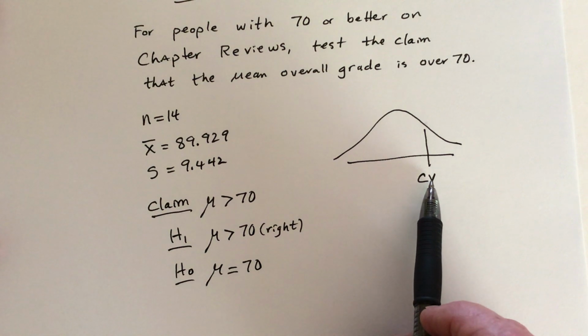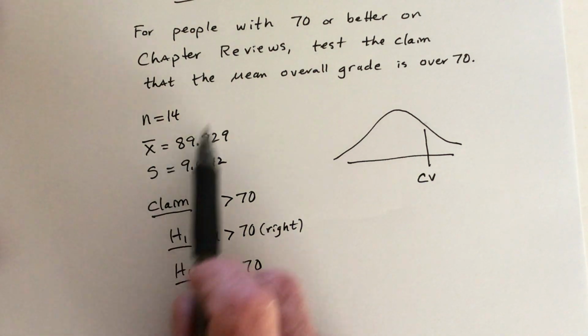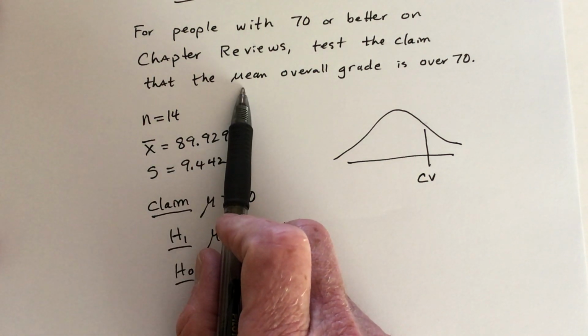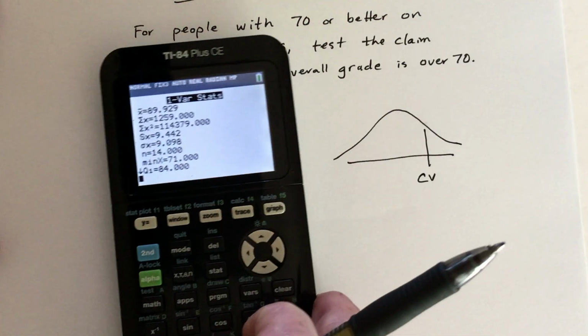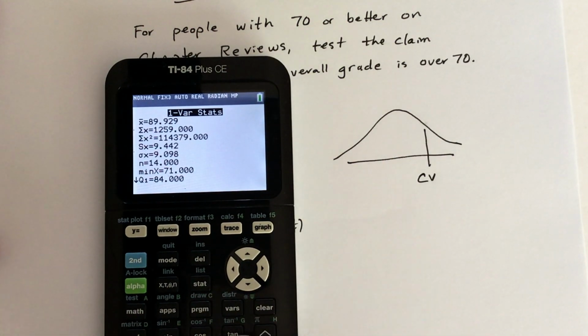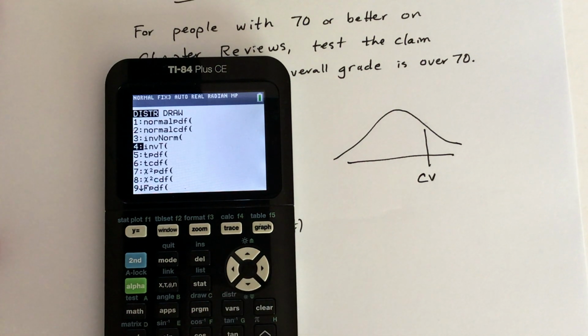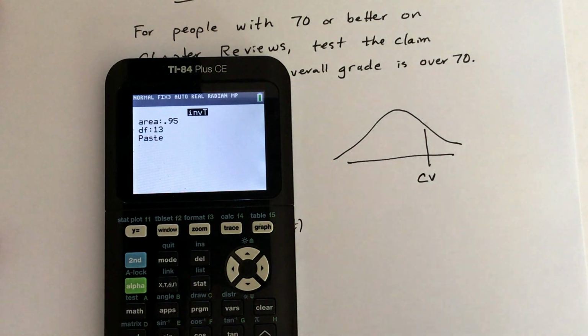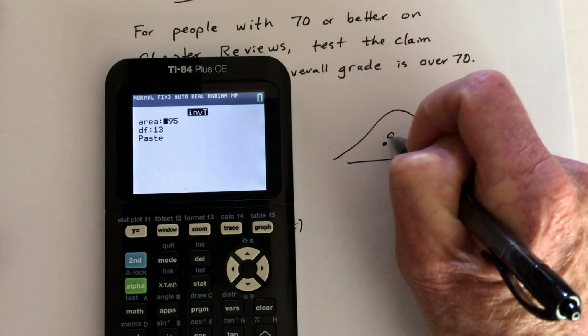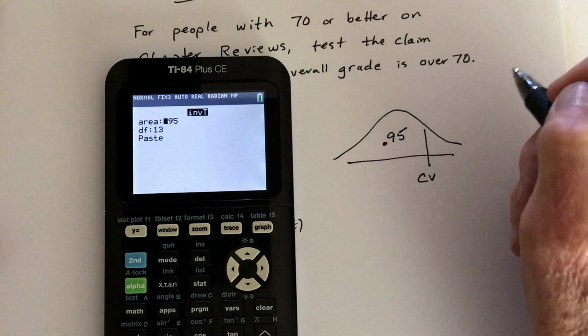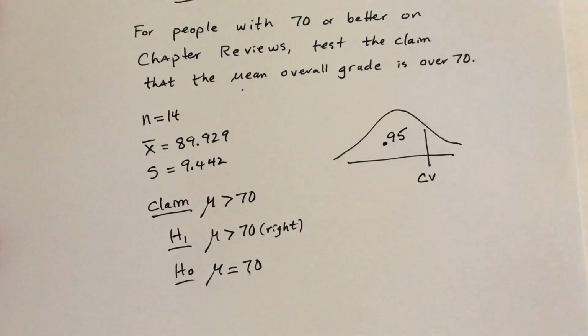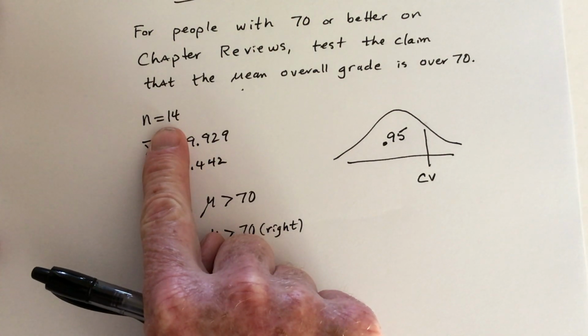Now I need to find this critical value. When you're dealing with the mean, then we're using the t distribution. So I can use the calculator to find that critical value. Just go to second distribution and use the inverse t. And then I'm using 95% level of confidence. The other thing I need to know is degrees of freedom, which is just n minus 1.